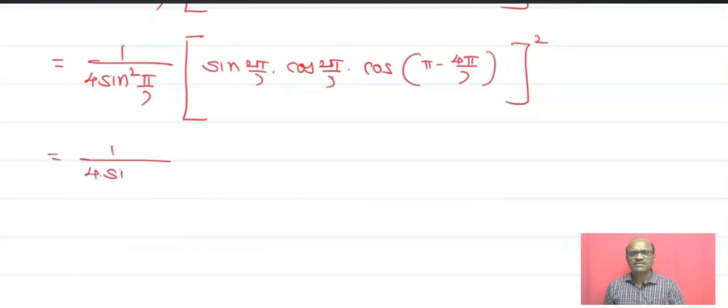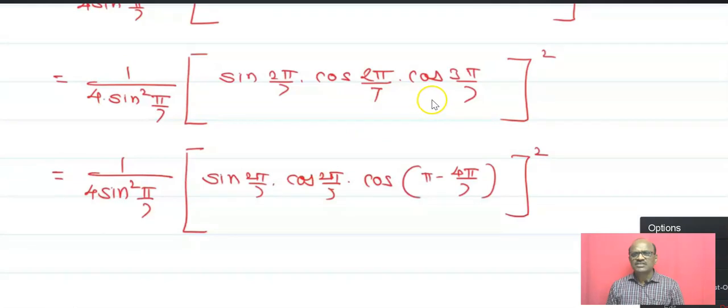Therefore, the terms are like this here. Now see this term, these two terms are as it is, but cos of 3 pi by 7 can be written like this. How is it written? That is, cos of theta is equals to cos of pi minus theta.